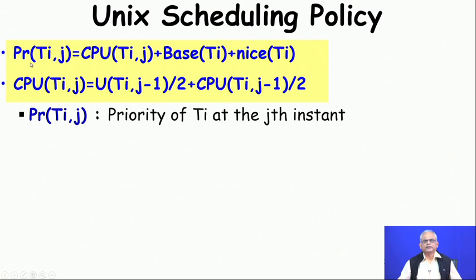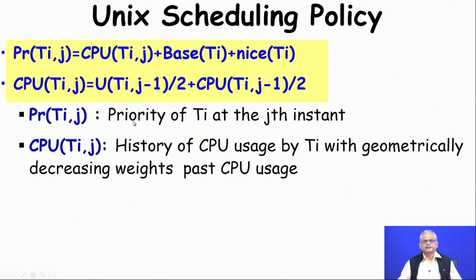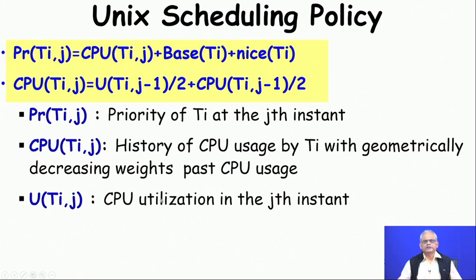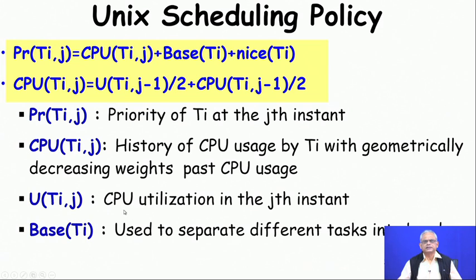The priority Tij is the priority of the task Ti at the jth instant, of uses time slice. CPU Tij is the history of CPU uses, with geometrically decreasing weights for the CPU uses, and UTij is the CPU utilization at the jth instance.